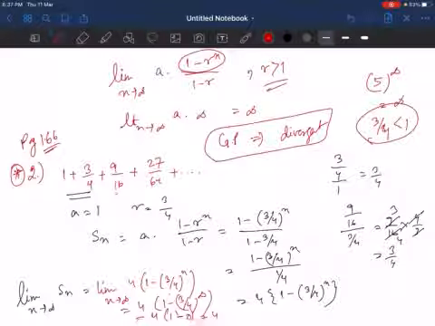Since it's a finite value, we can say that this sequence is convergent. Hence the given series is convergent, because the sum of infinite terms is giving a finite value, that is 4. So it is convergent.